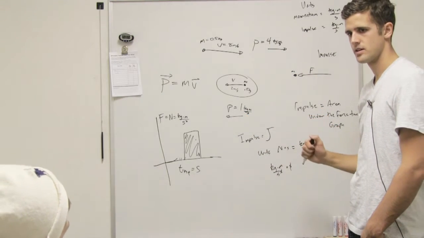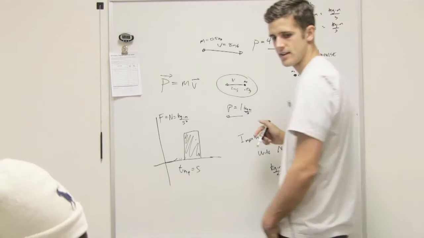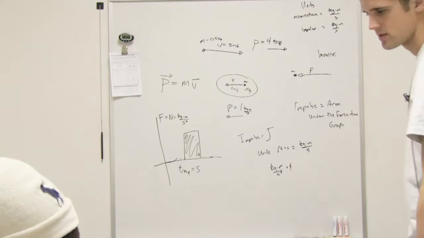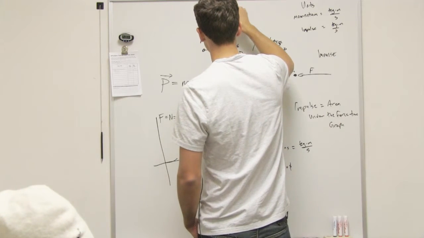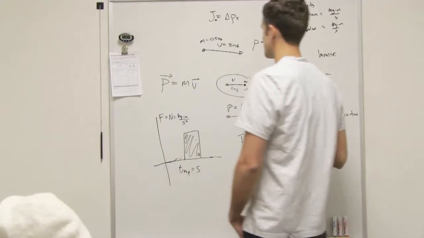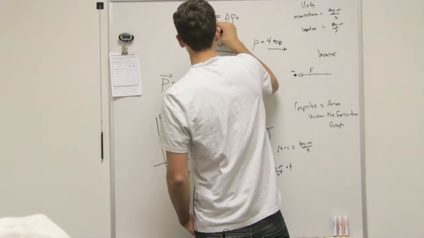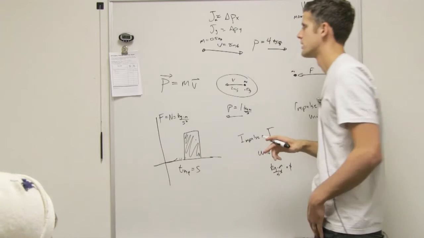So impulse can actually be defined as, it says right here, the change in momentum. So this is the impulse momentum theorem. So J equals the change in P. So J of X equals the change in P of X. The same thing goes for Y too. So JY equals the change in PY.